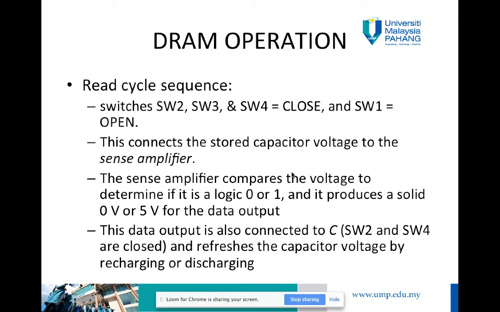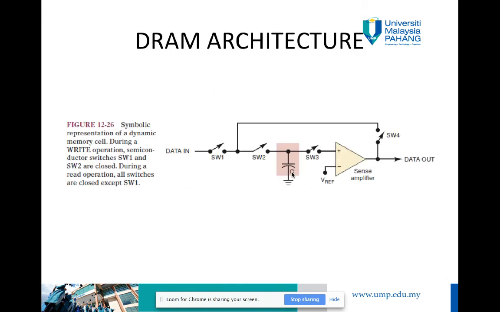So next is the read cycle sequence for the DRAM operation. Switches SW2, SW3, and SW4 are closed, and SW1 is open. Then connect the stored capacitor voltage to the sense amplifier.